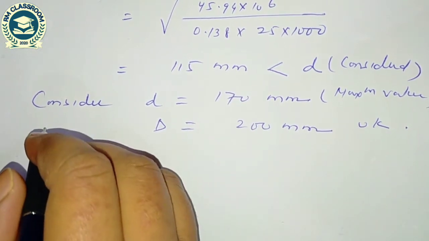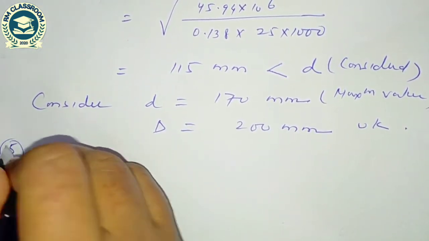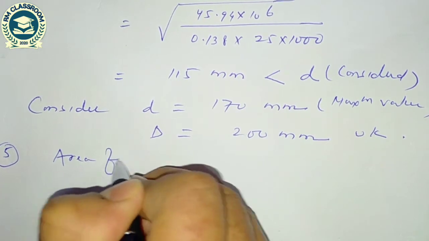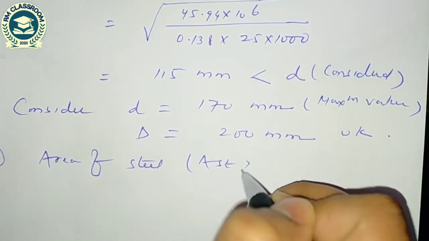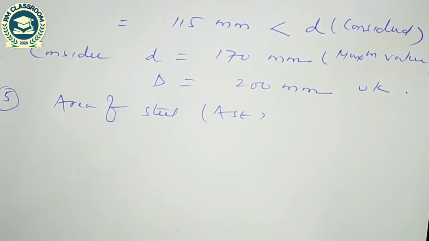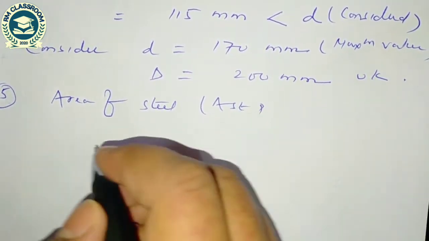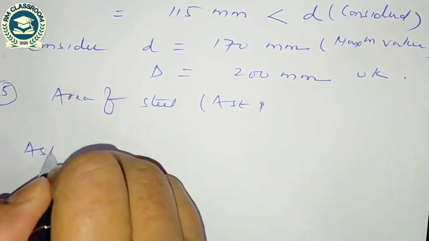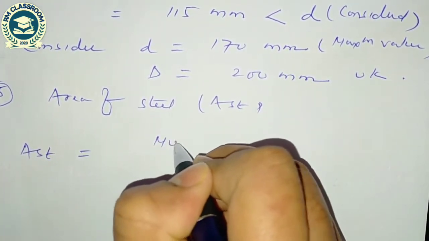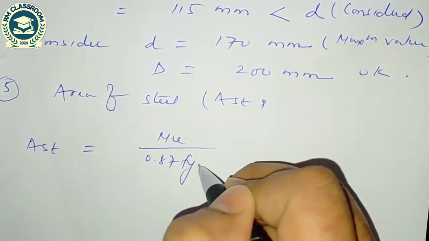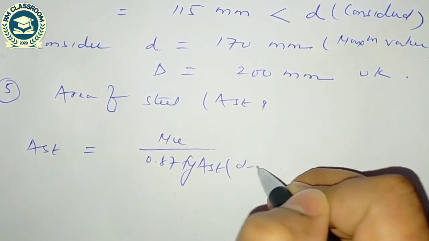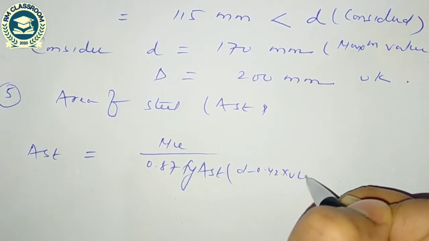Similarly, area of steel can be computed. So area of steel is Mu divided by 0.87 Fy (d minus 0.42 Xu limiting).